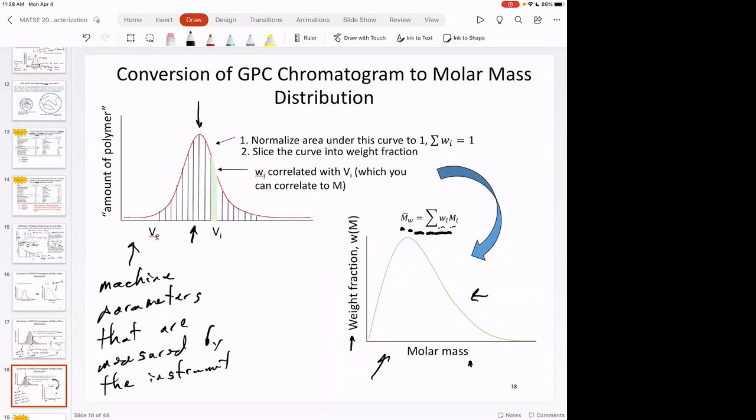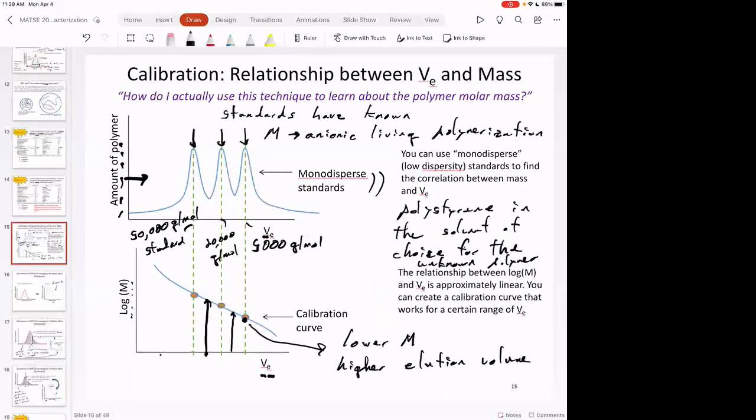So this is tricky because it takes a number of things to understand what's going on. Of course, I'm not going to ask you a question on the exam to explain the whole thing, but I might ask you, how is the calibration done to calibrate the elution volume and the molecular weight? You'll say, well, I have to measure the elution of monodispersed standards to make sure I know what molecular weights are coming out in what elution volume, right?